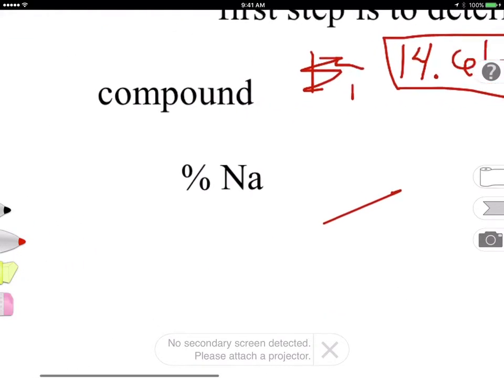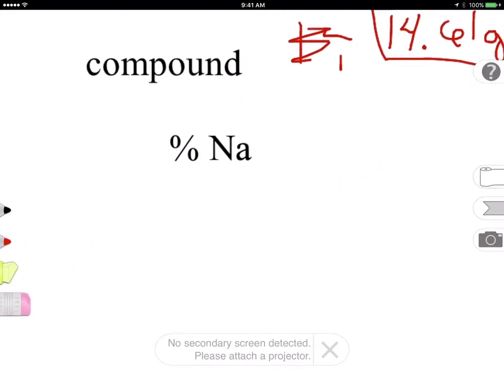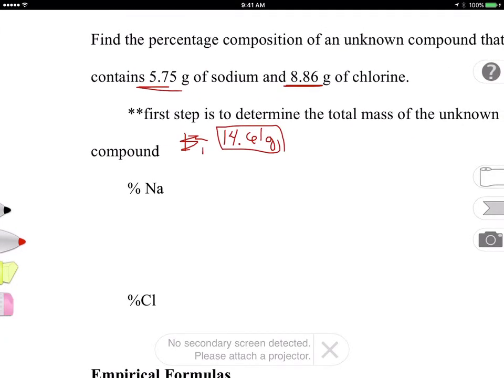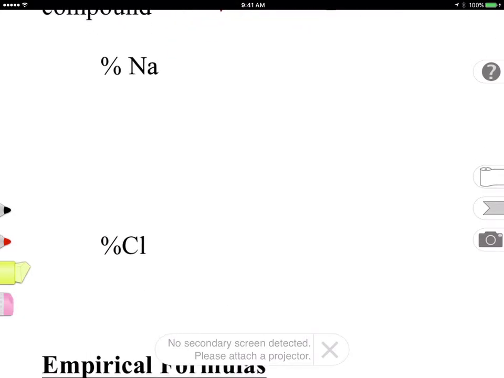All right, now for sodium, okay, since I don't know how many atoms I have, I can't go to the periodic table and put that number down, but I do know up here at the very top that I have 5.75 grams of sodium, and that's what I'm going to put down here.